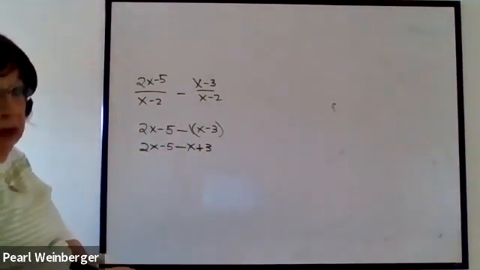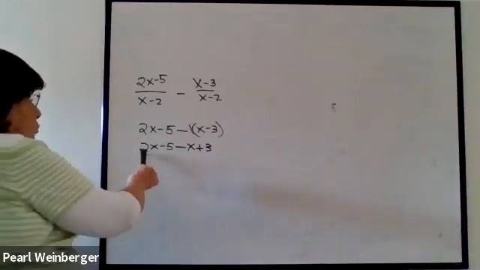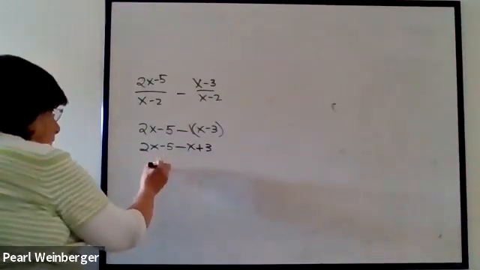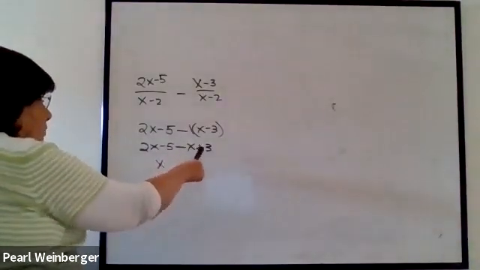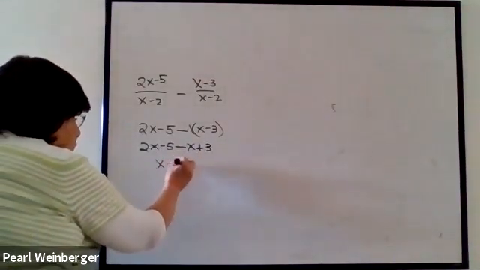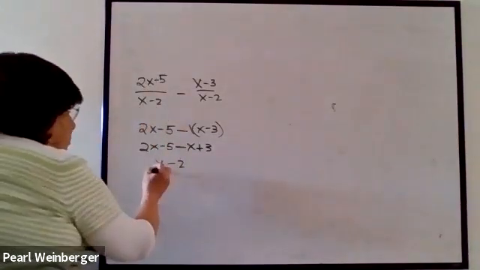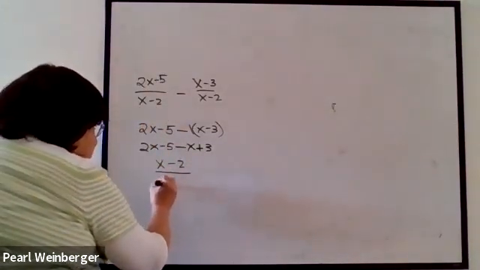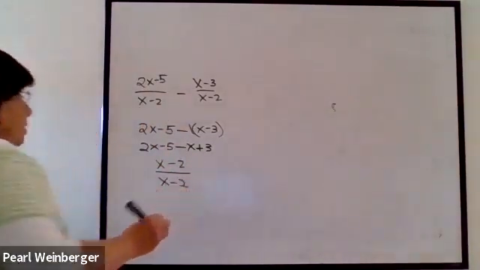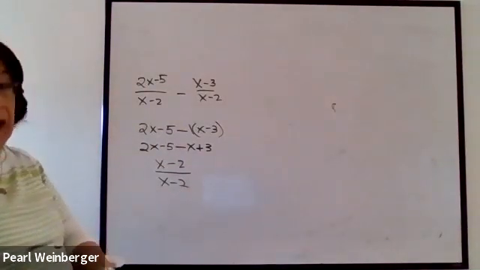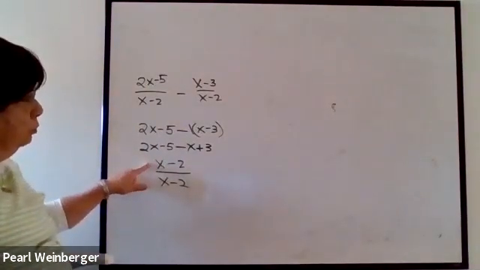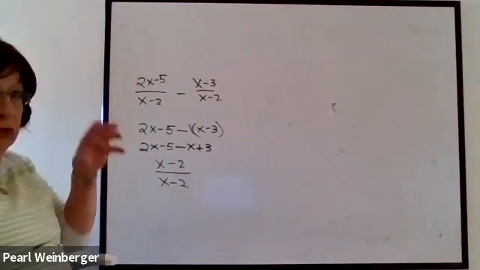Now combine your like terms. So I have 2x minus x, which gives me x, and -5 plus 3, which gives me -2. Once I've combined the numerators, I put it back over the common denominator. So my answer becomes x minus 2 over x minus 2.